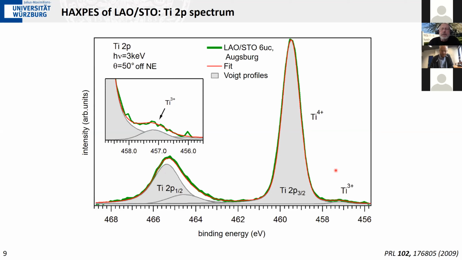But if you look a little bit more closely, you find that on the low binding energy side of both peaks, you have a little additional spectral weight, and this is a blow-up of this energy region. There's a little bit of intensity here. It doesn't look very spectacular, but it's completely reproducible and is only seen if you are above the critical threshold thickness in the LAO/STO system. If you are below, it's gone.